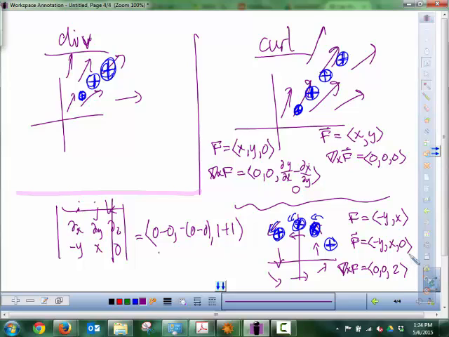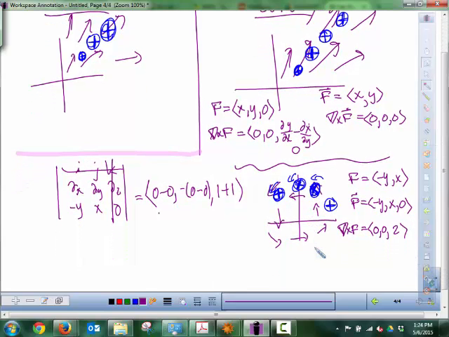And it's also a vector, right? This is a two-dimensional picture, but we're pretending it's in 3D. How does the vector 0, 0, 2 look like? It's coming out of the page, right? So let's see if we can do this. I'm pretending to be that graphing program.